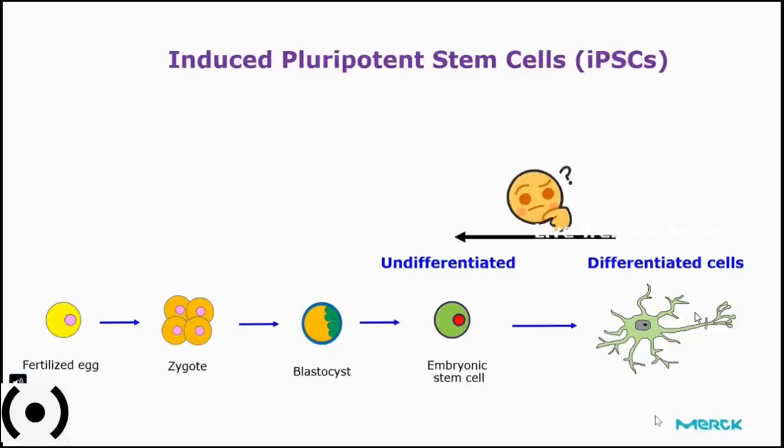That is, is it possible that differentiated cells can be converted into undifferentiated pluripotent cells? So this is the person, Shinya Yamanaka, who first told that yes, this is possible. Even differentiated cells can be converted into undifferentiated pluripotent cells.